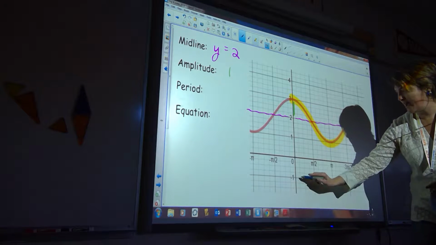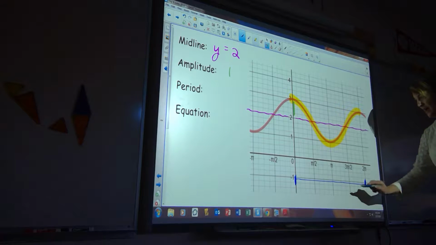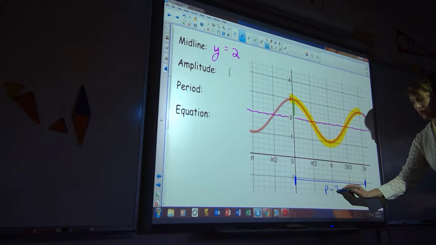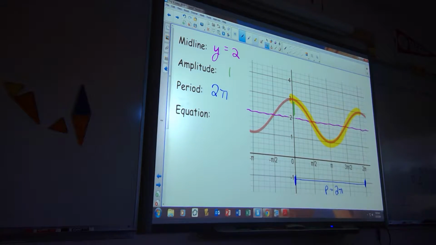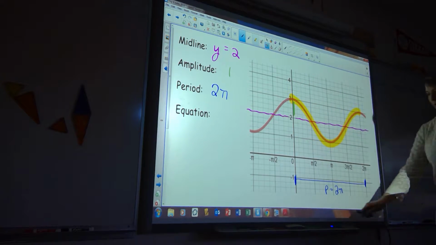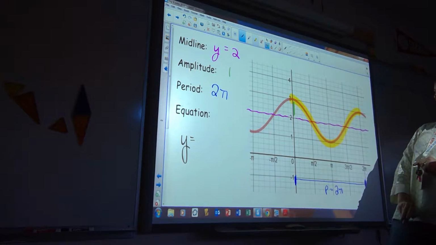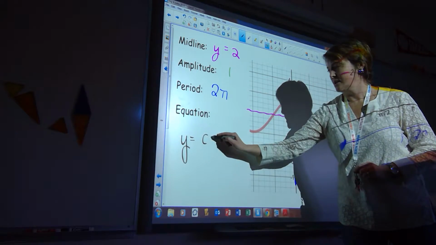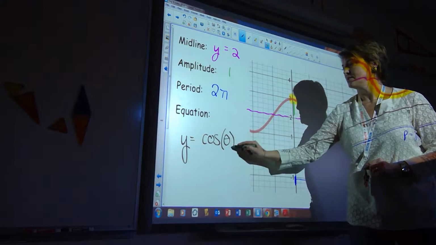And by doing that, I can see it did start at 0 and end at 2 pi. So the period is 2 pi, so it is unchanged. And so I believe that we could get this equation as cosine of theta plus 2.